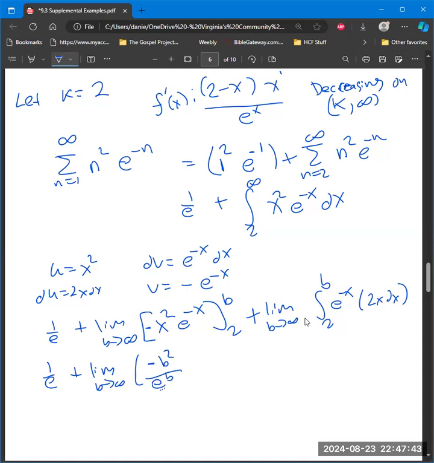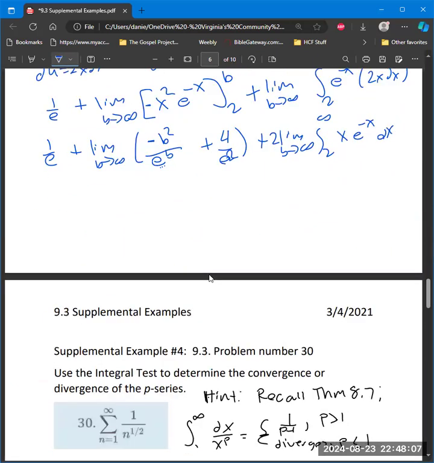That grows faster, it'll go to 0, plus 2 squared is 4 over e squared plus 2 times the limit as b goes to infinity of the integral from 2 to b of x e to the negative x dx. 1 over e plus 4 over e squared plus 2, and then u is equal to x. dv is e to the negative x dx. du is dx. v is equal to negative e to the negative x.